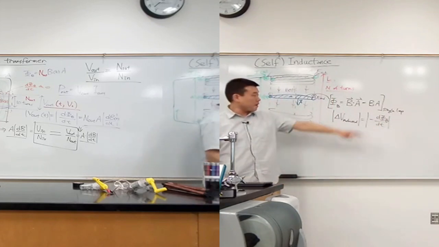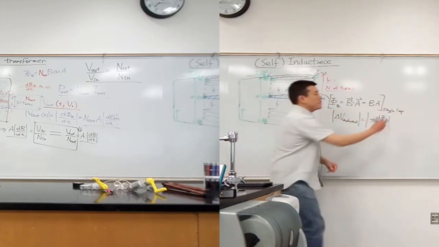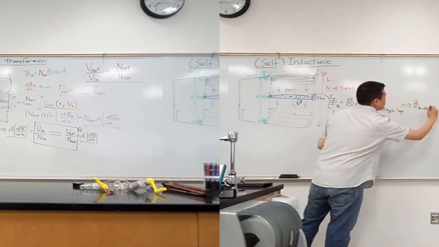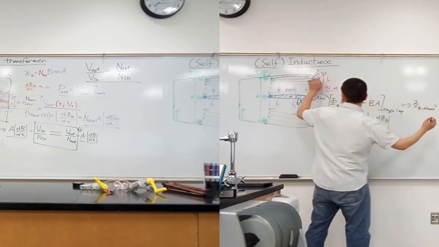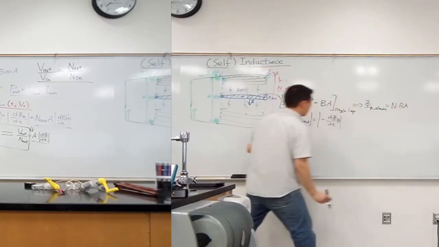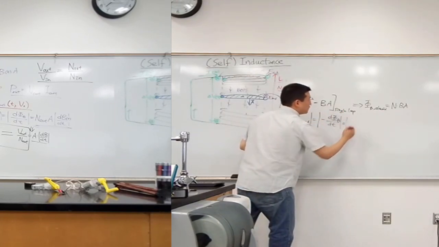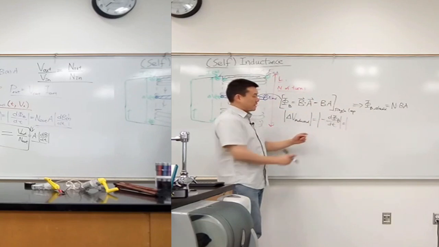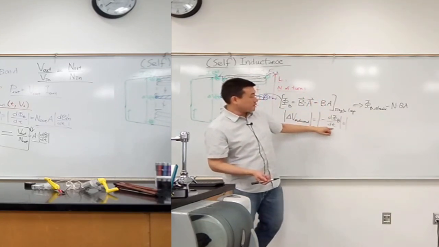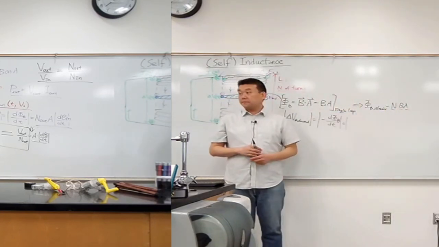Let me plug in what I had before. This is a single loop, which means the magnetic flux of a solenoid is equal to the number of loops times BA. So put that in here. I'm going to get rid of the minus sign since it's inside the absolute value. When you look at these three quantities, which ones depend on time?